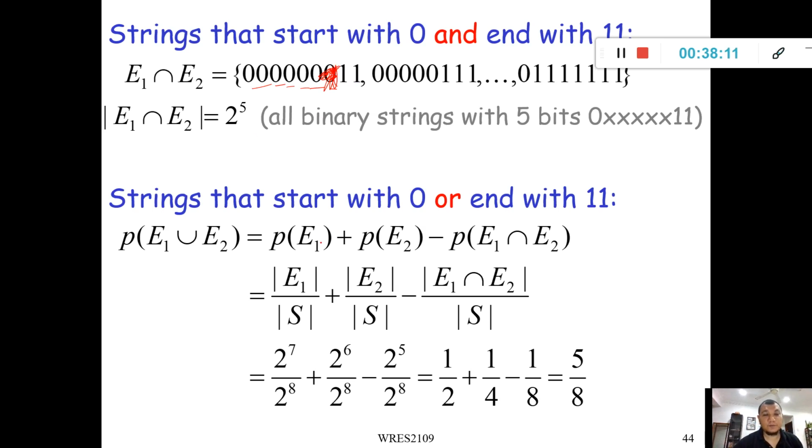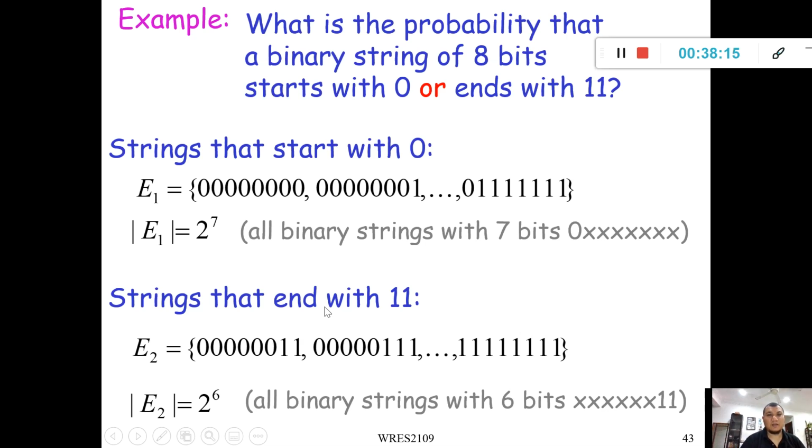Just remember that. Putting it in the formula, you get 5 over 8. What is the probability that a binary string of 8 bits starts with 0 or ends with 11? That is P of E1 or E2, where E1 is a string starting with 0 and E2 is a string that ends with 11.